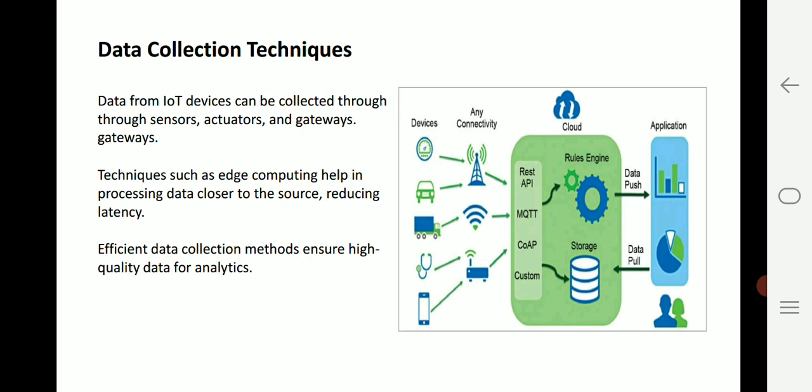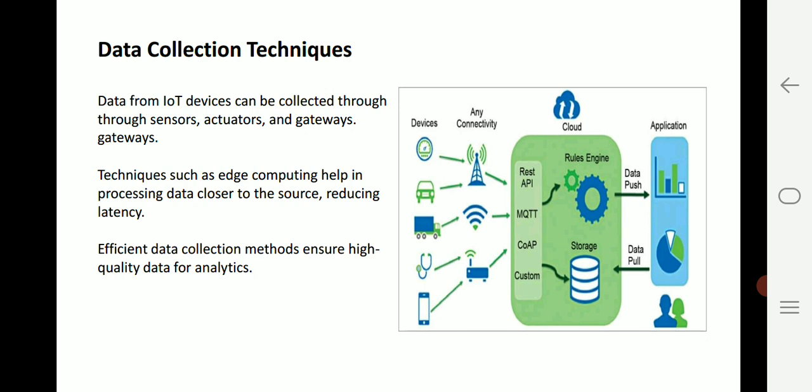We can see the picture of how the data will be connected. There are different devices, and you can see the connectivity: router, Wi-Fi, antenna, or tower.